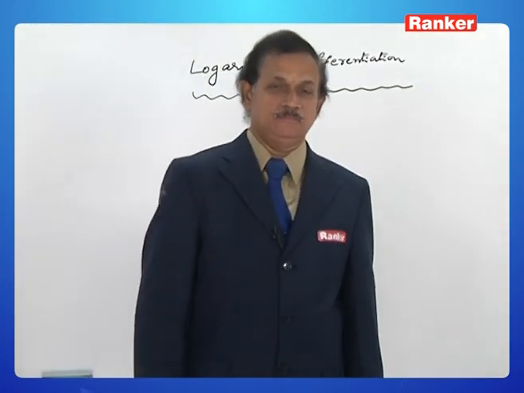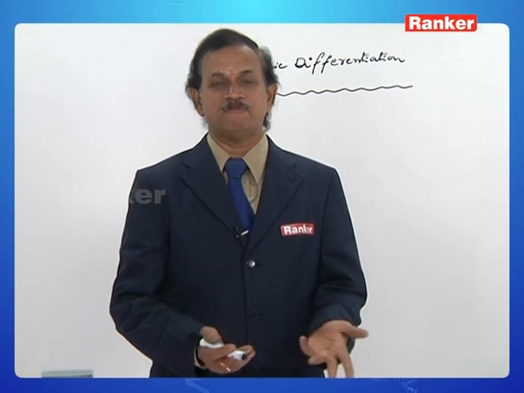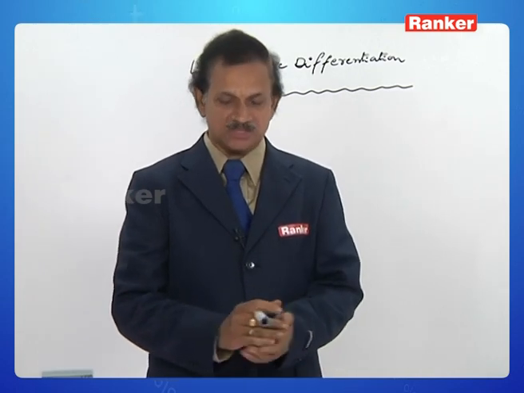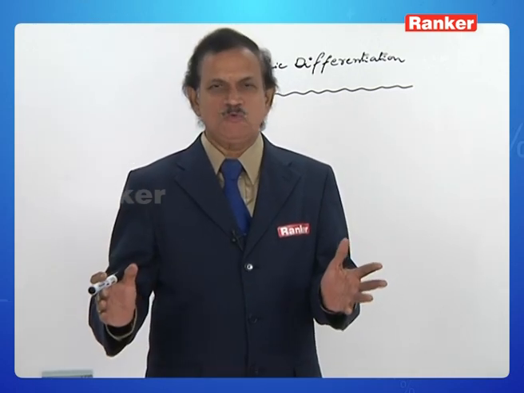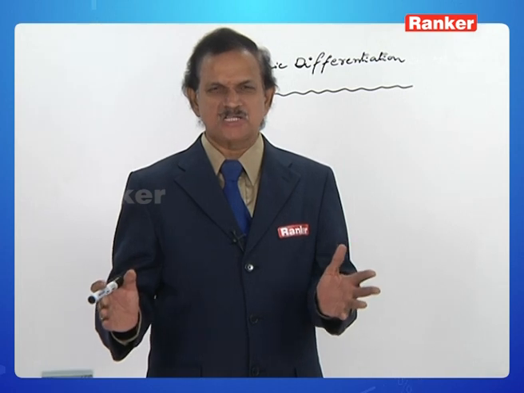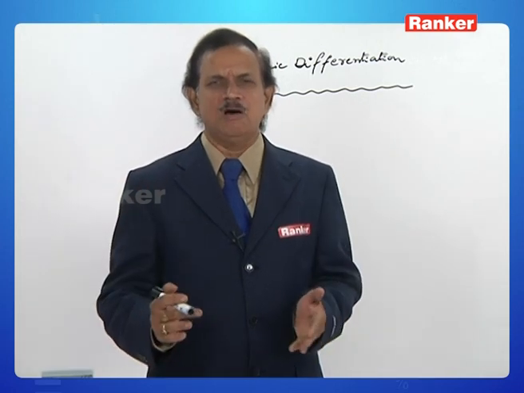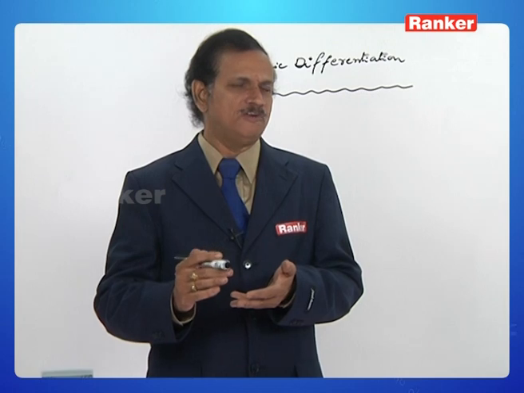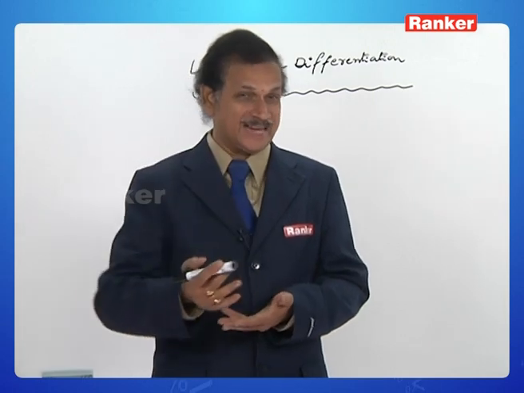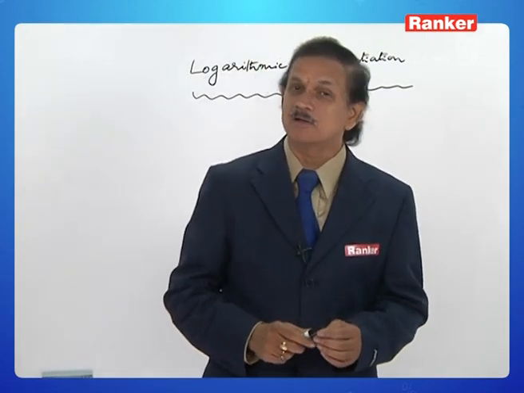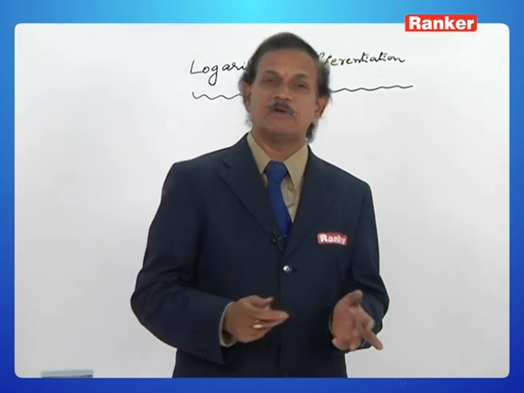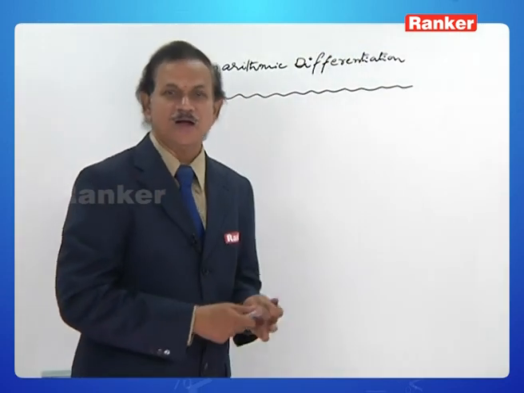As and when the given function f of x or y is so bulky, involved as a product and quotients of so many functions, or has variables in the exponents place, then the process of logarithmic differentiation is put to use.